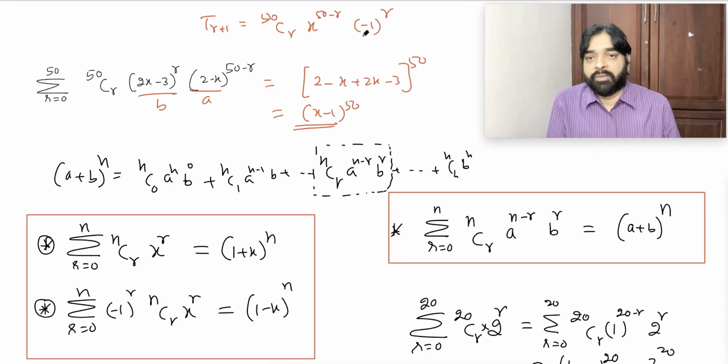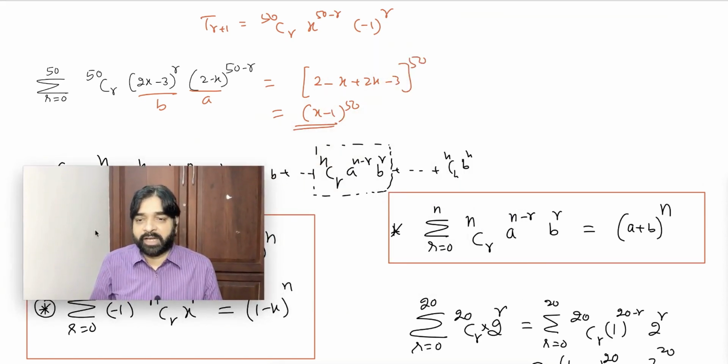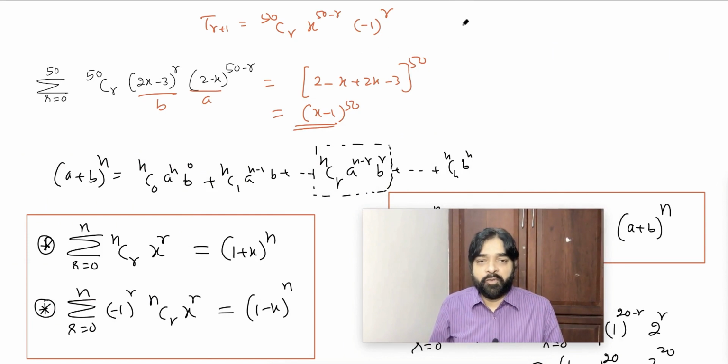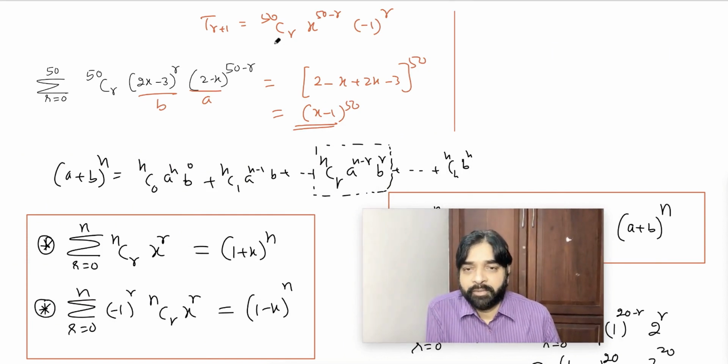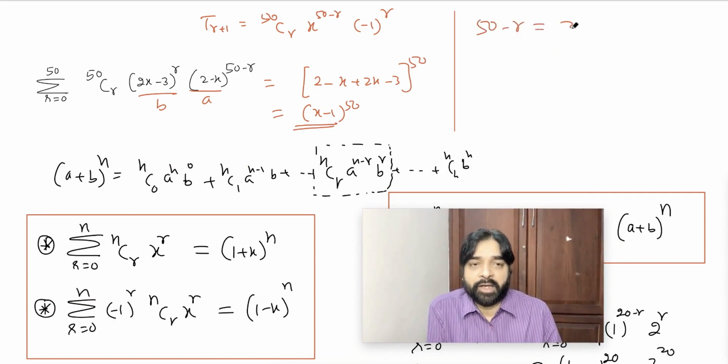Now, I want the coefficient of x power 31. Watch carefully, everybody. I wanted to get it from this. So this means 50 minus r must be equal to 31. So r equal to how much? 50 minus 31, that will become 19. Yes or no? r equal to 19. It means T20 will give you x power 31.